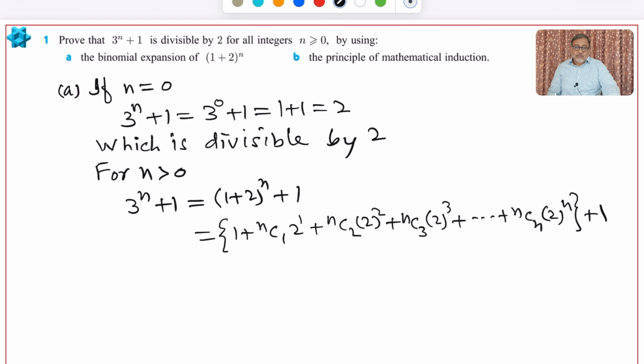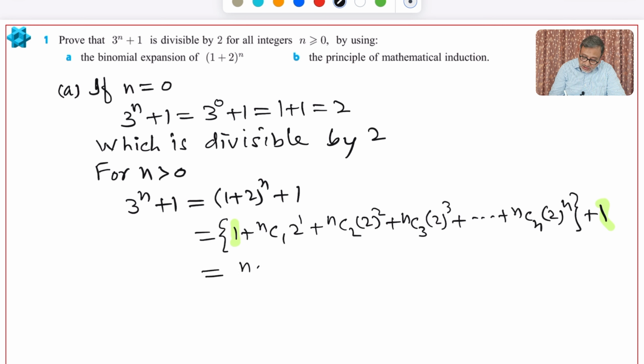Okay. Now from this, nCn is 1, and 2 to the power n also. What we will do, see this one, look here, this one and this one we will combine together, so it will be 2, right?